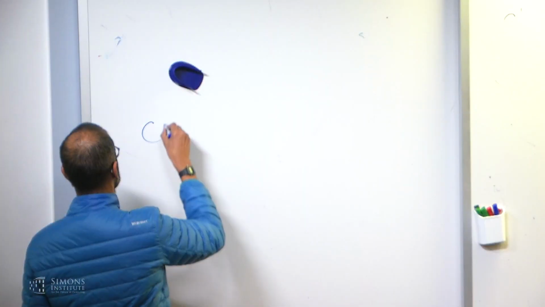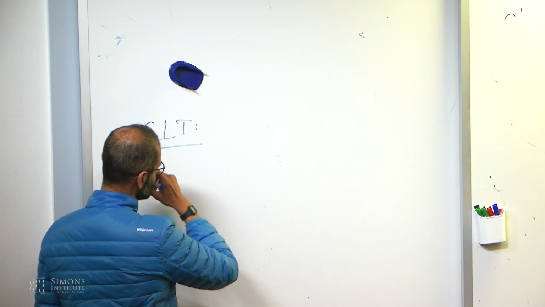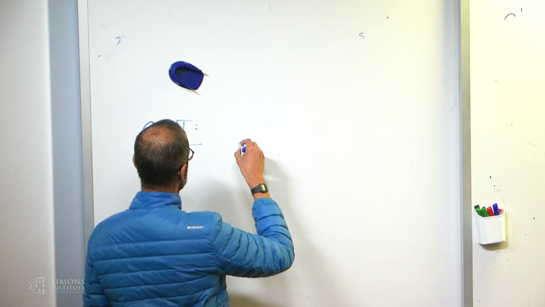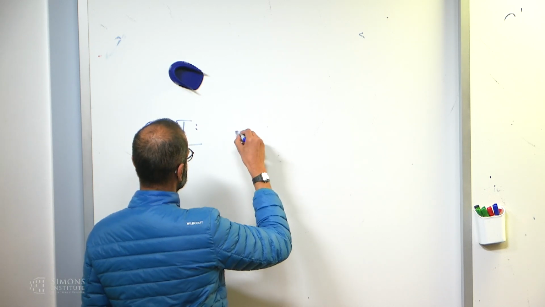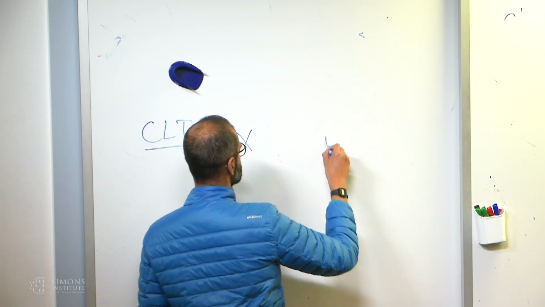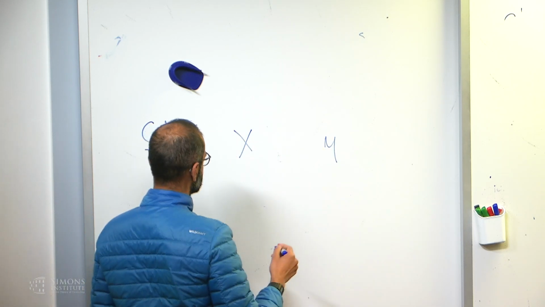So let's recall the central limit theorem for classical random variables. Let's say you have some bounded random variable x, which has some density mu with respect to the Lebesgue measure.